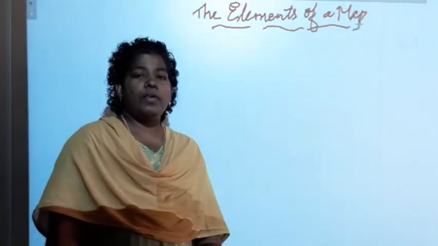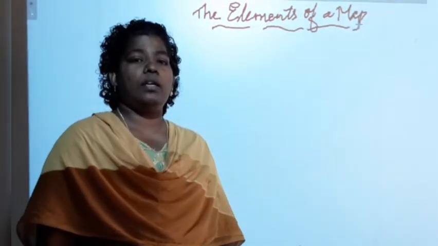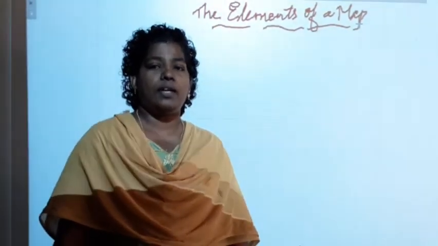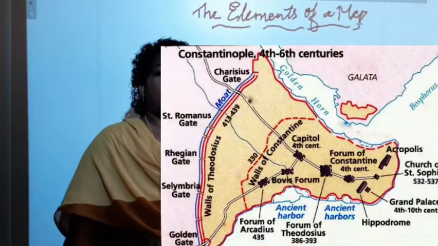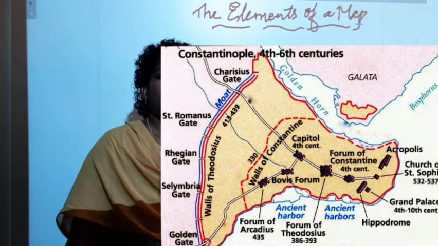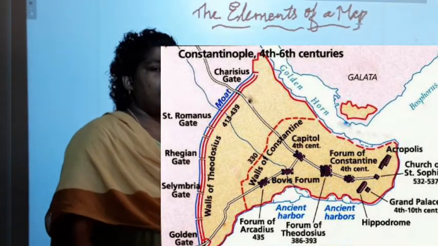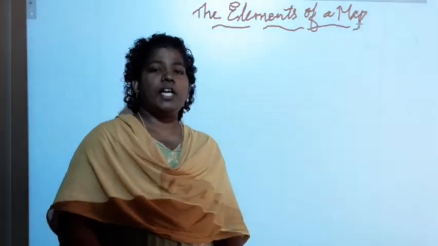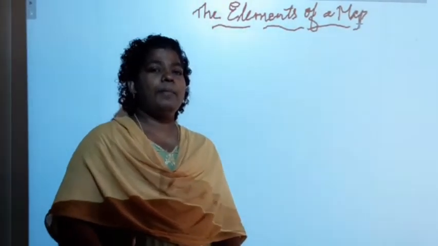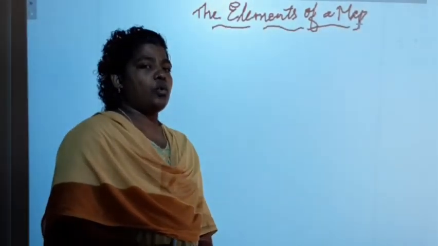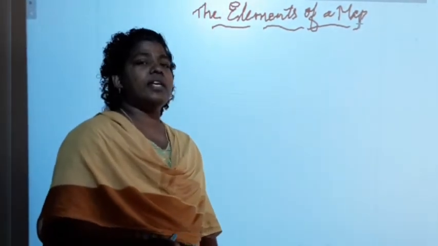In every map, I already told you there are different types of maps. Political map is there, thematic map is there, physical map is there. So when we say political map, physical map, thematic map, what does it show? Actually, that is the title.